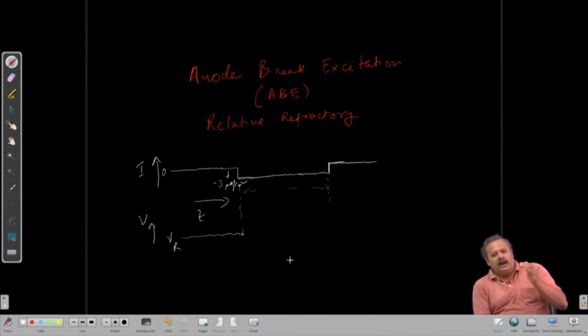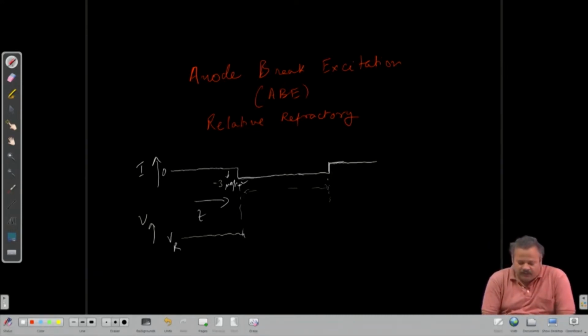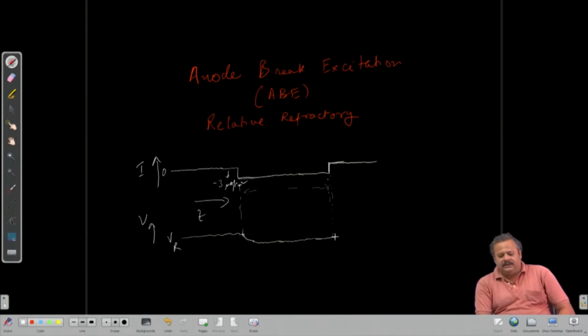There will be a hyperpolarization as expected, meaning that the voltage will go down and stabilize to some negative value for that particular current, and it will stay like that up to the point of release of the negative current clamp. Now, after this, because that negative current is gone, obviously the system will again try to go back to its resting state.